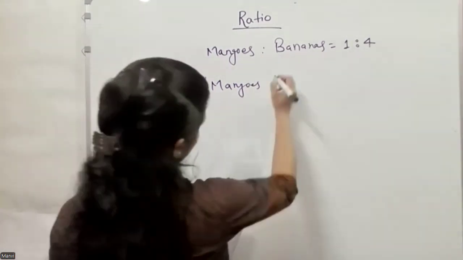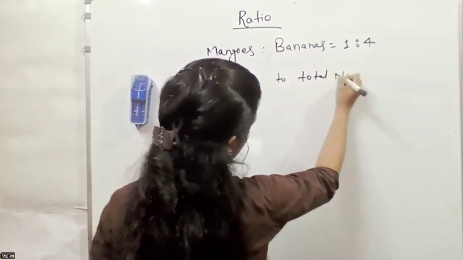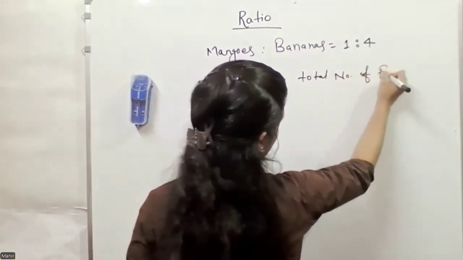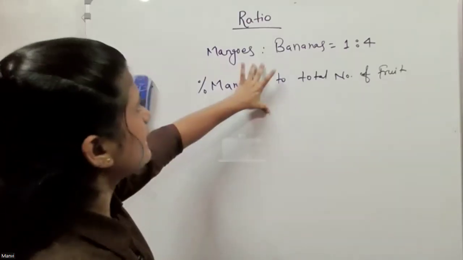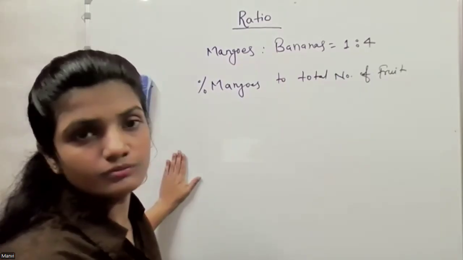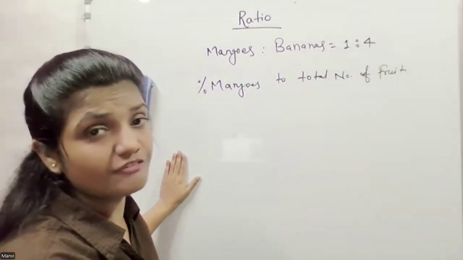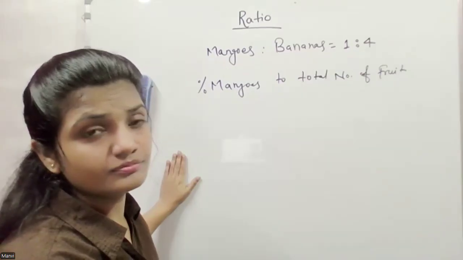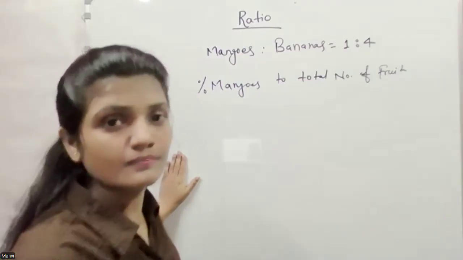Okay. With total fruit, what does that mean? This means, what is the fraction of mango with total number of fruit? First, let me know. 4/5. Mango to total number of fruit, Kavya. Oh, I get what you mean. I do it. Basically 20%.